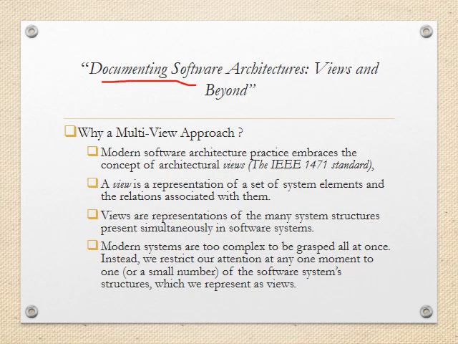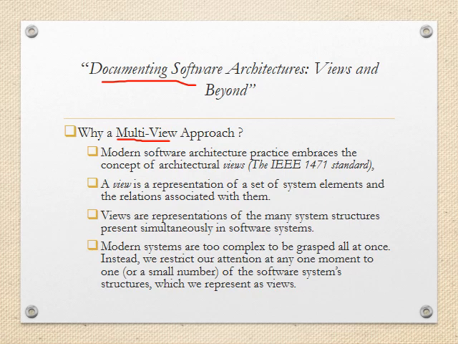Documenting software architecture is a matter of documenting the relevant views and then adding documentation that applies to more than one view. This is what we described in the previous slide. Why multiple views? Why can we not get just one view and represent the system using it?